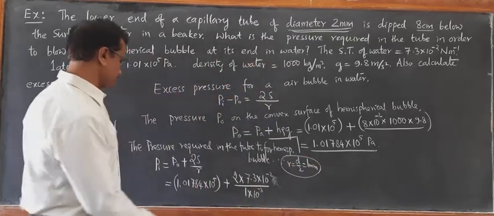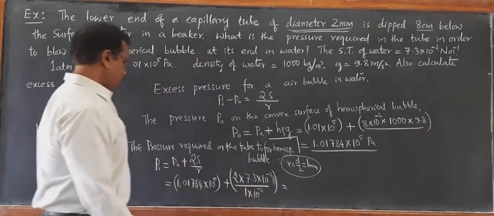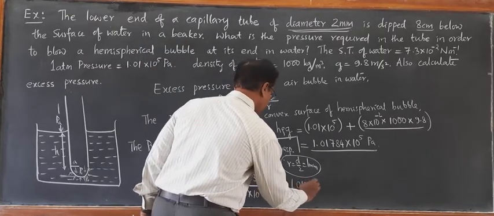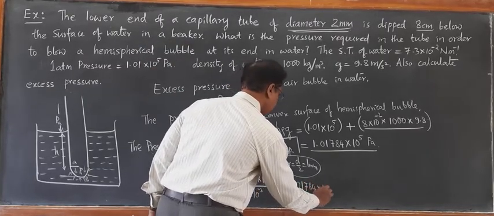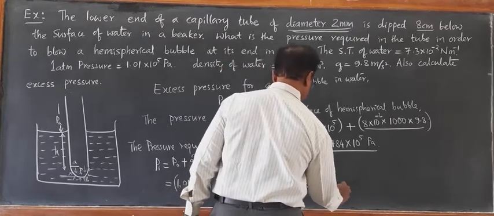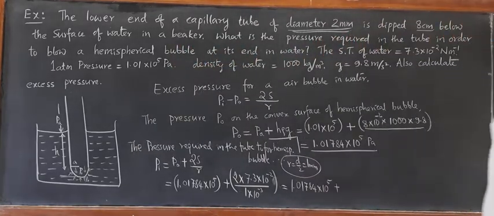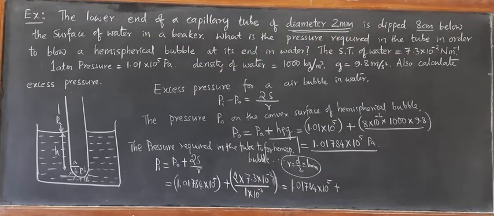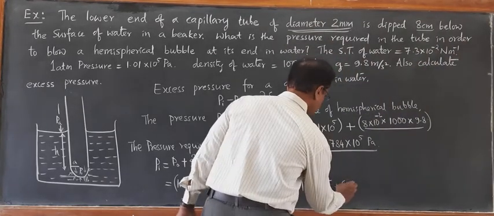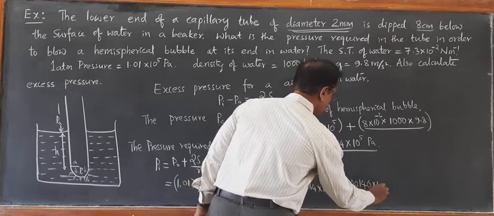So if you simplify this, we get 1.01784 into 10 to the power of 5 plus, with the next simplification, 0.00146 into 10 to the power of 5.